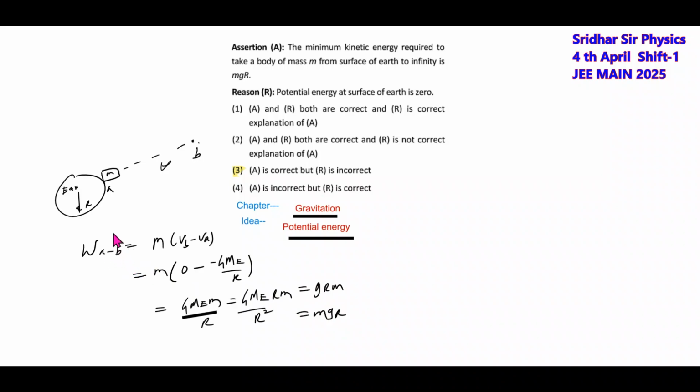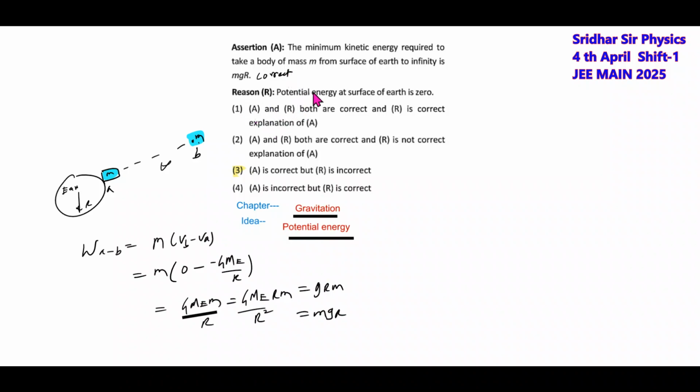There's a formula for the work done to move this object from the surface of the earth to infinity. Like this you should think here. Okay, this assertion is correct.